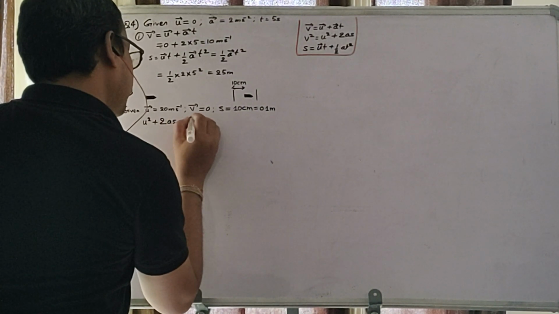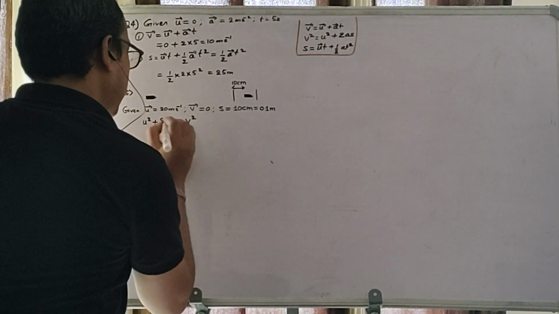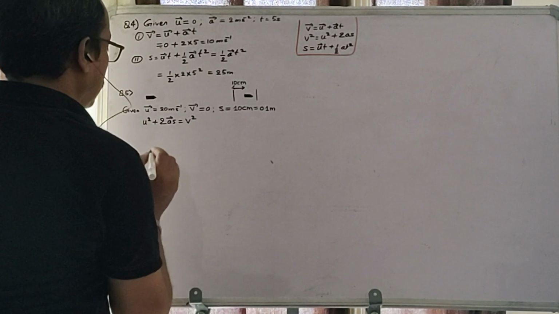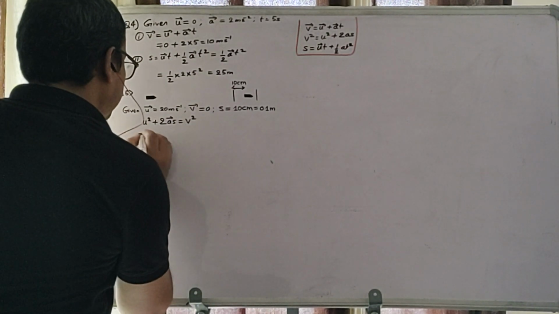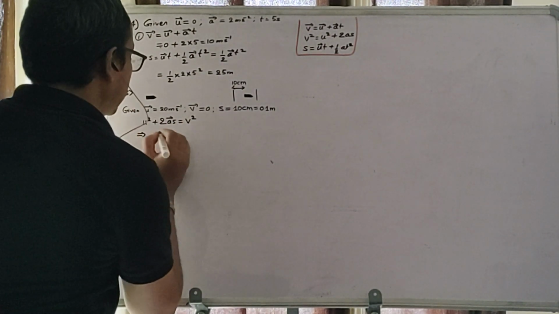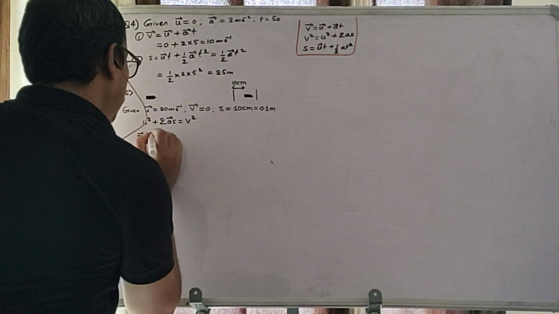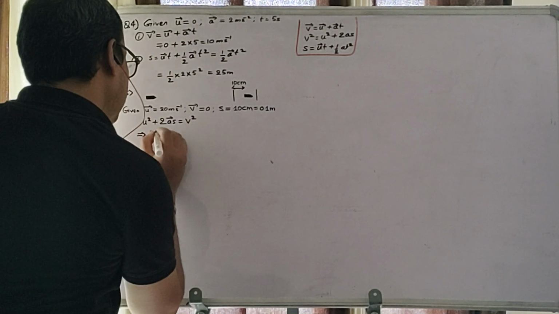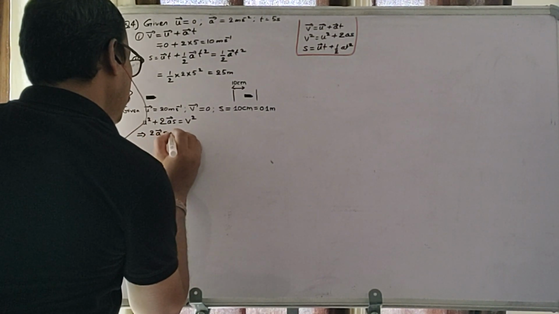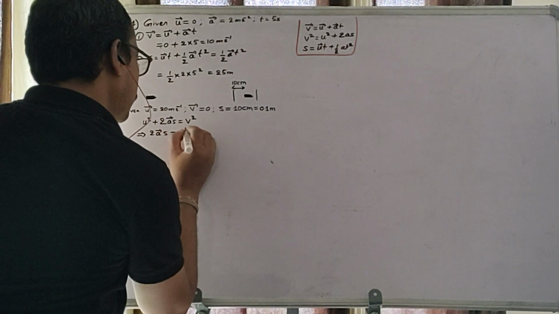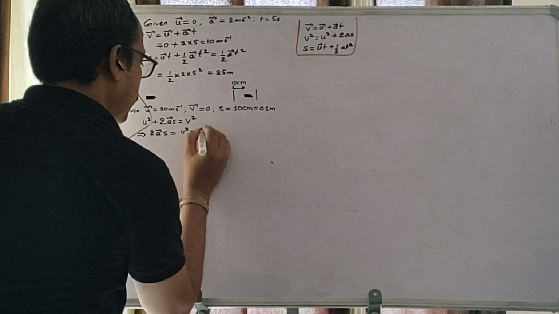We'll use that. So 2as is equal to v square minus u square, right?